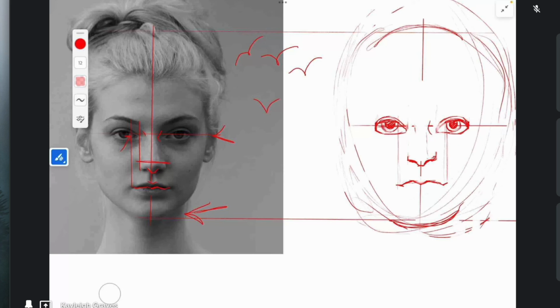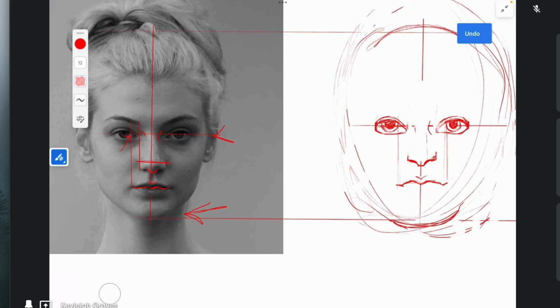Flying, it's kind of that shape. So I start with that and I look at how far up that lip is from the rest. And then I draw the outside line. So instead of going straight, we want to try and curve it to make it look fuller, if your person has full lips.